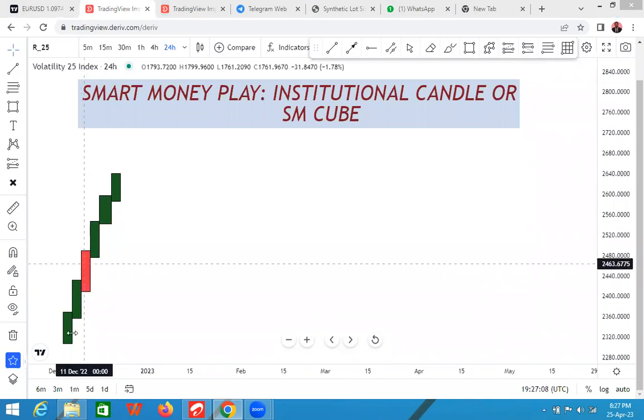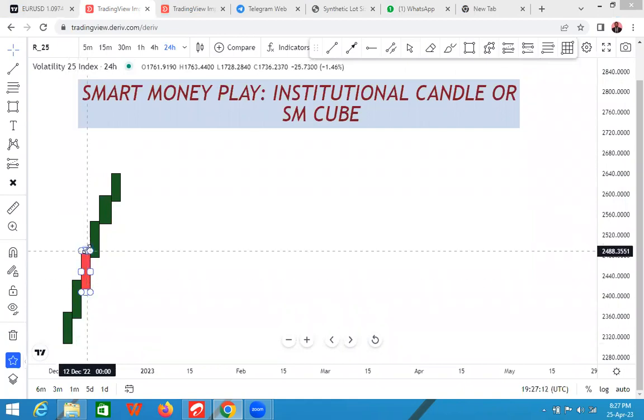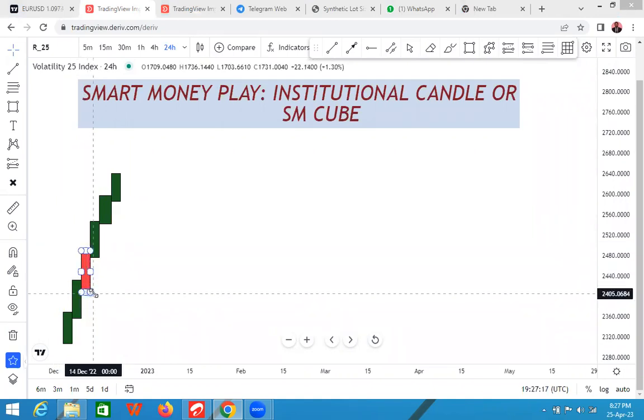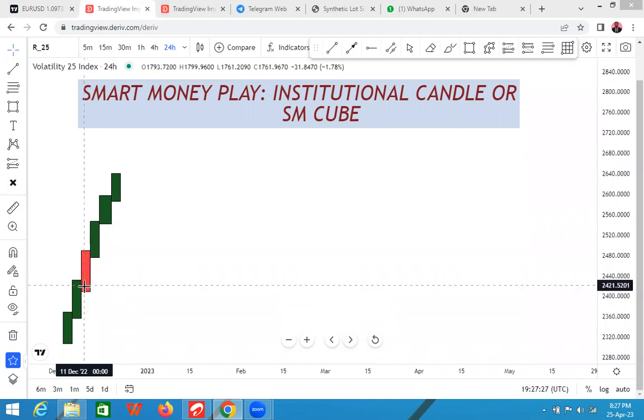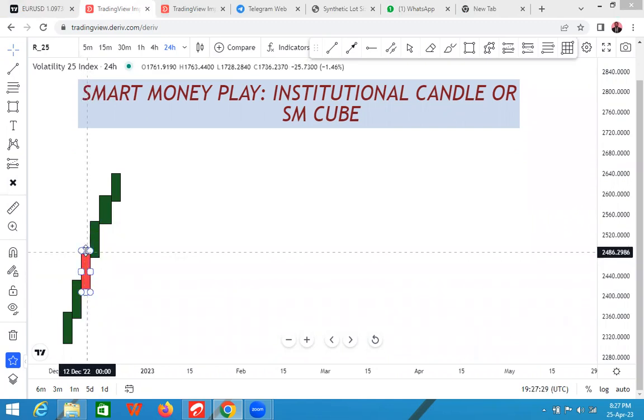It means that while prices were going higher, smart money injected larger volumes here to push price down, so that retail traders like you and I feel, oh, the market wants to start selling. Can you see this big bearish candle? Can you see that big selling candle? Then everybody jumps in.